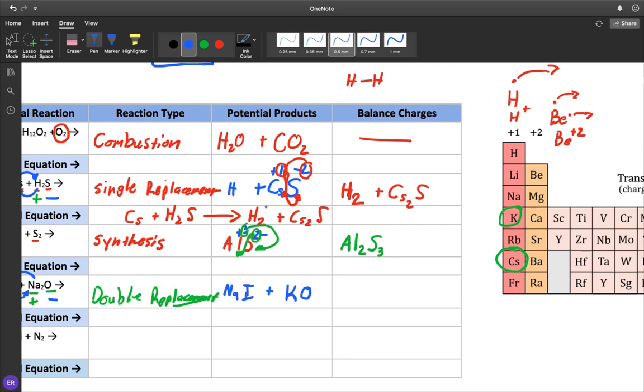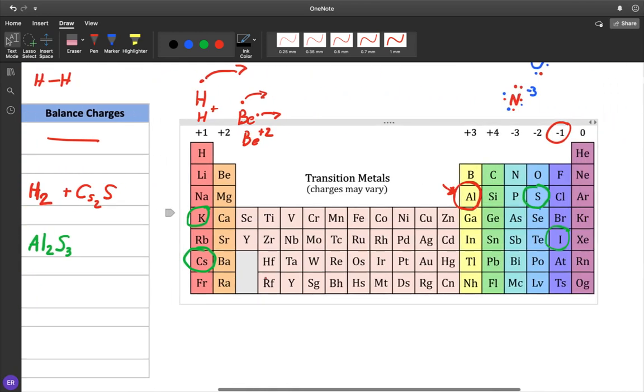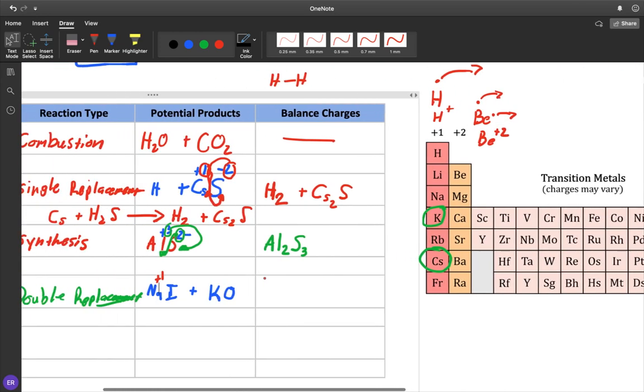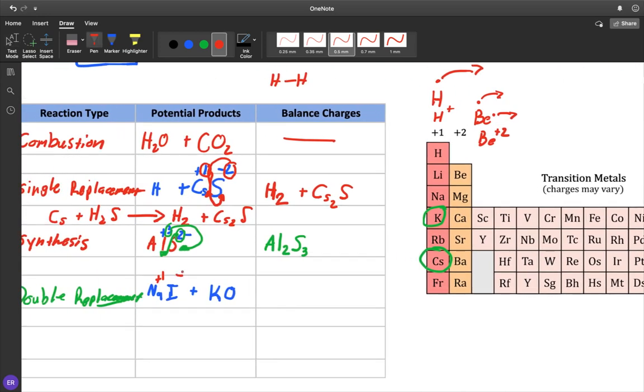Now we can do the charges. So now we can actually add the numbers to it. So Na is +1, and then I is -1. Okay, so 1 and 1 are the same value, so we just leave it as NaI.